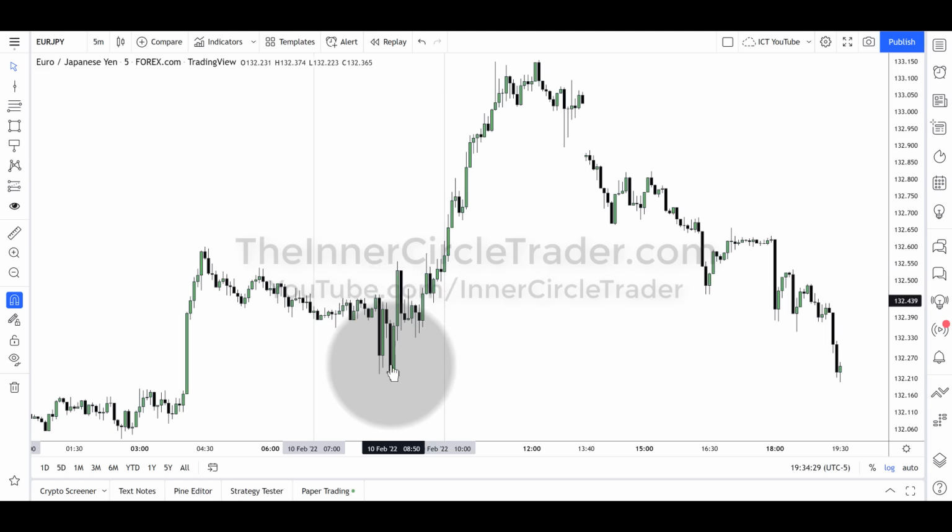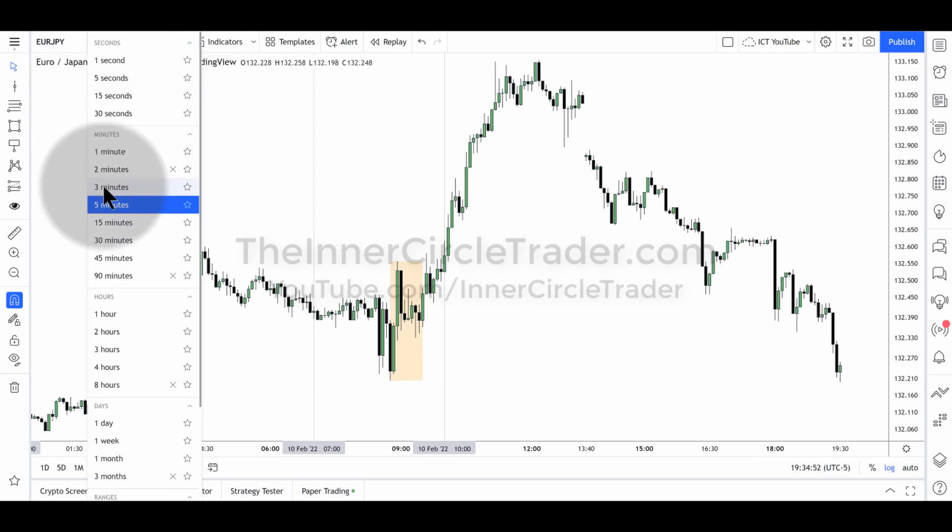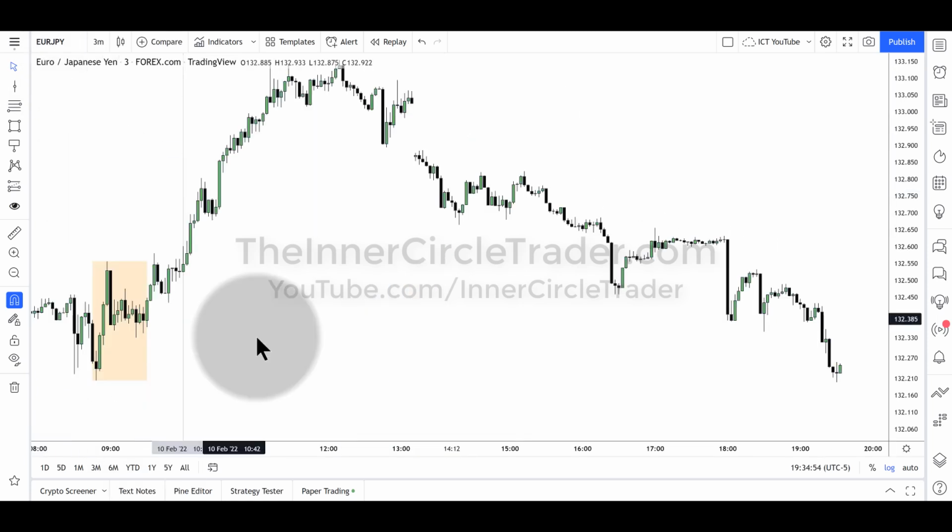We're going to start breaking it down top down, from the 5-minute down to the 1-minute chart. So from this low up to this high, right in there, that's what we're going to study on each new time frame. So we'll go down to a 3-minute.